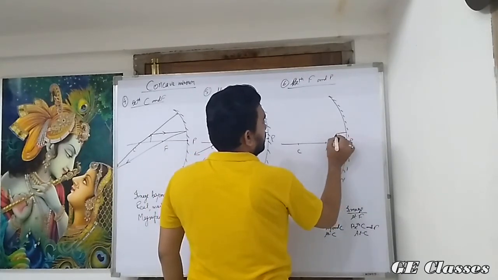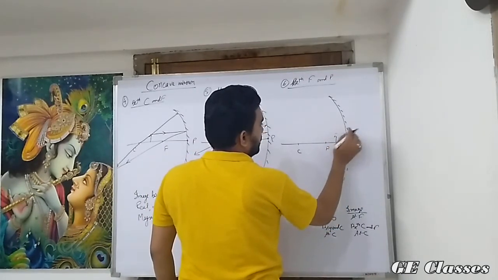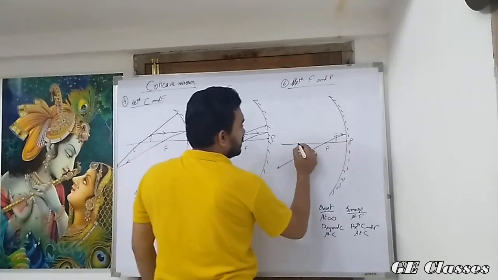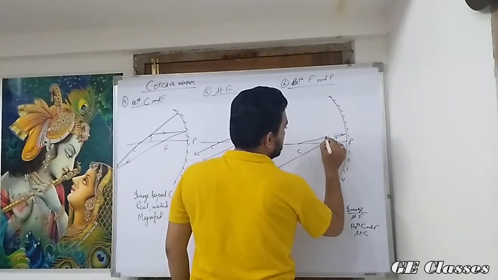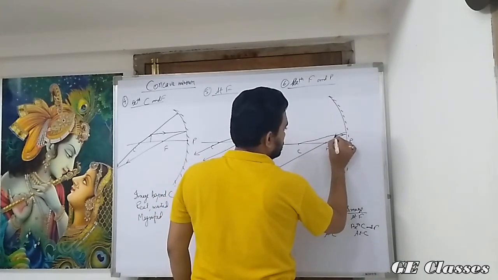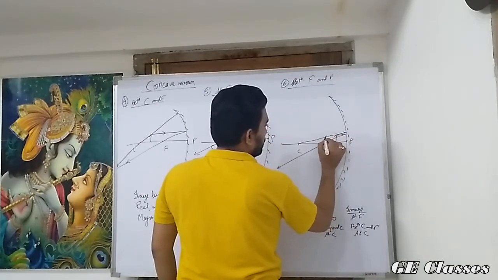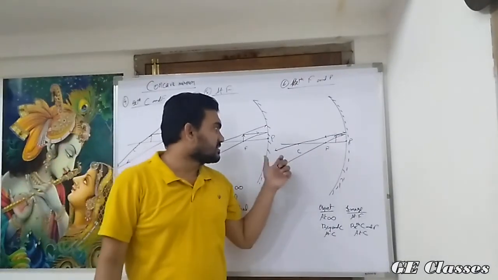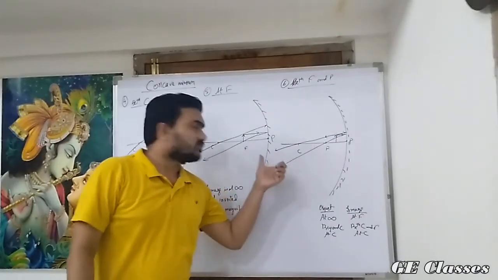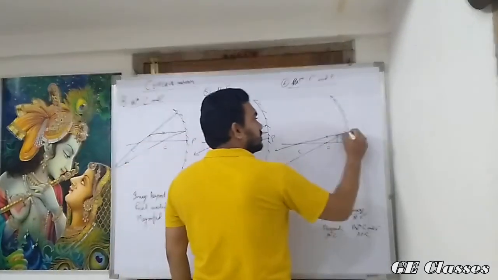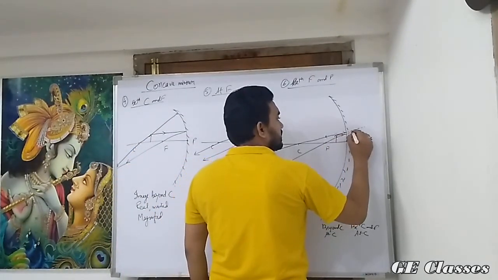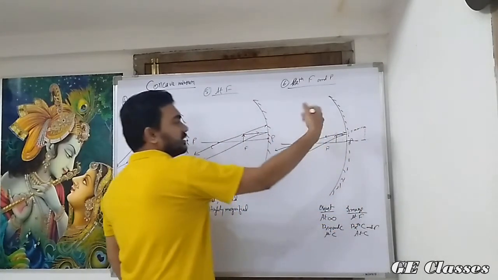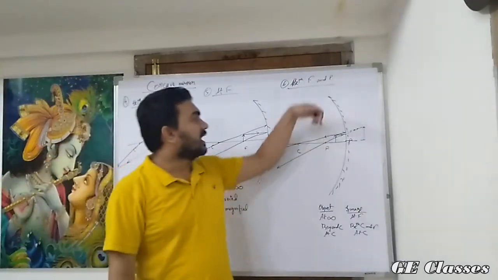Now one ray will go parallel and come out through F. The other will align towards the center of curvature and then retrace out. These two reflected rays are divergent, so they are not going to meet. In that case, we are going to extend them backwards. So it seems that they have intersected somewhere behind the mirror.